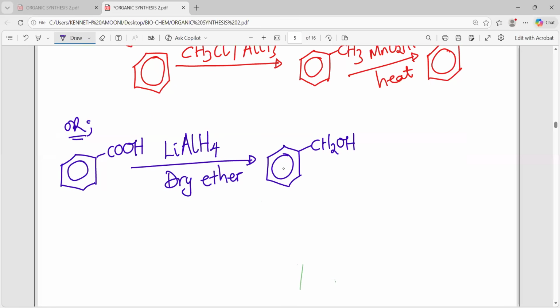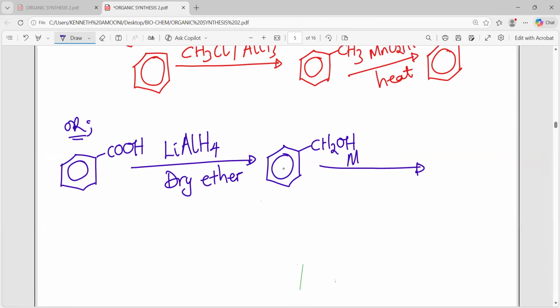Then this alcohol can also now be converted to a carbonyl compound. We say that primary alcohols can be converted to carbonyl compounds using weak oxidizing agents. If you use a strong oxidizing agent, you're going to oxidize it directly into a carboxylic acid.